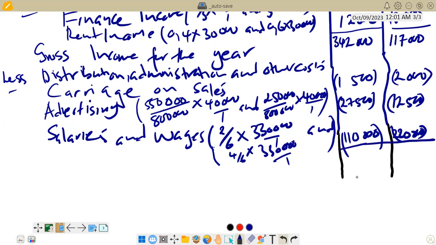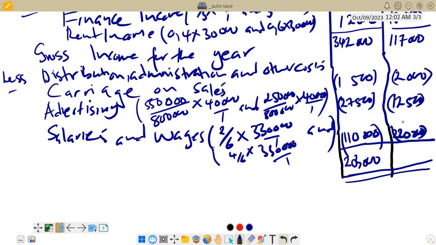The final figure now, we are starting here from gross income for the year. For evening, we are saying 342,000 minus 1,500 minus 27,500 minus 110,000. Then we get 203,000. It's a positive figure to show that it's a profit.